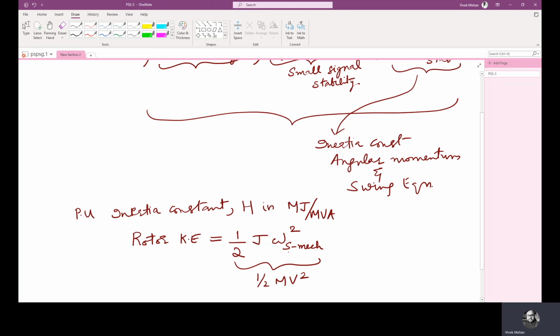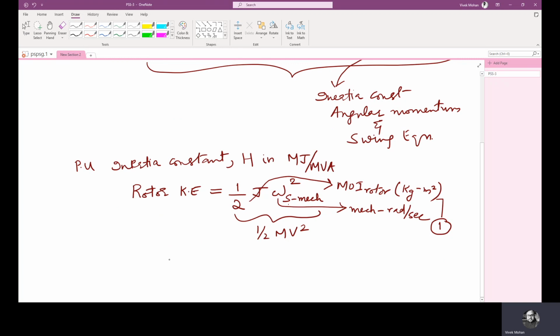So J is basically the moment of inertia of the rotor, and its unit is kilogram meter squared. Now, what about omega_s? Omega_s is in mechanical radians per second. We can give this as equation 1.